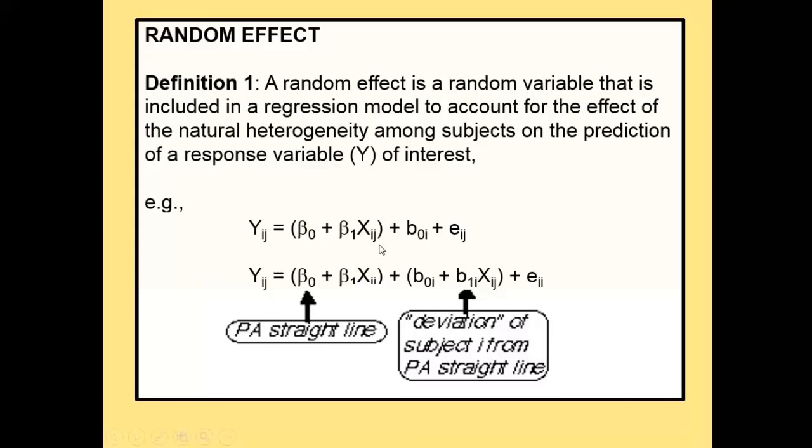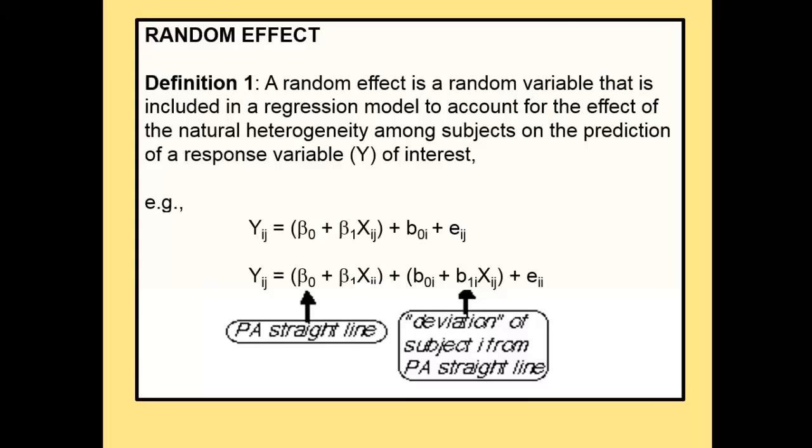Now, let's look at the second one. What's the second model? The second model is also a linear model. What's going on here? How's the second one different? The second one has a beta naught and a beta 1, but now it has two B's in there. It has a B0i and a B1i.